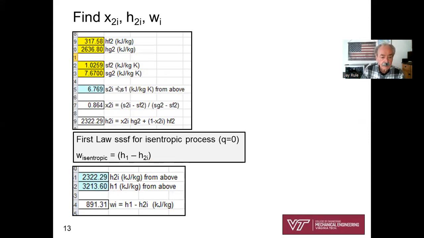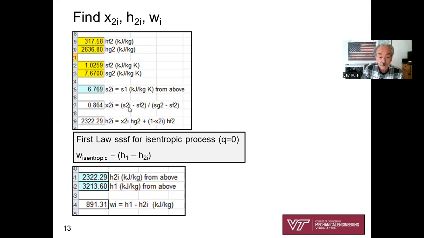Okay, so I've written down my numbers from the steam tables, and then I'm going to say that S2I equals S1. That's 6.769. We just wrote that down. So we're going to solve for X2I using the definition of quality.